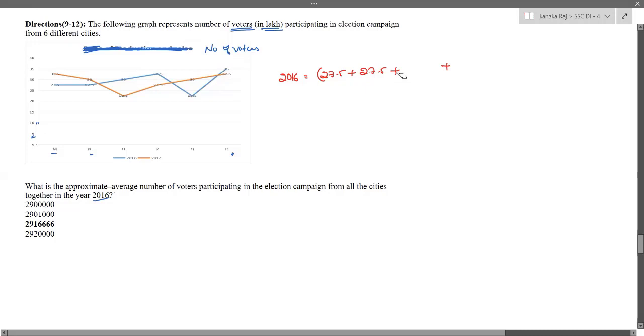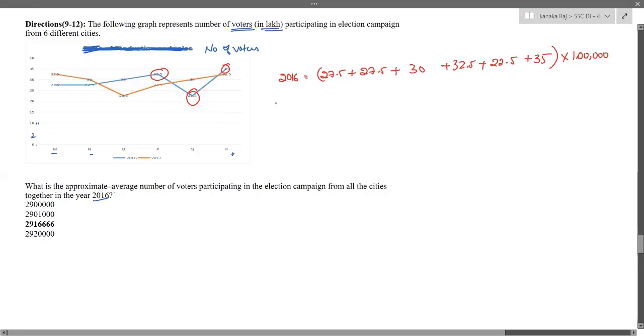Plus, city P is 32.5. Plus, city Q is 22.5. City R is 35. So each one value corresponds to 1 lakh, so I need to multiply it with 1 lakh here.